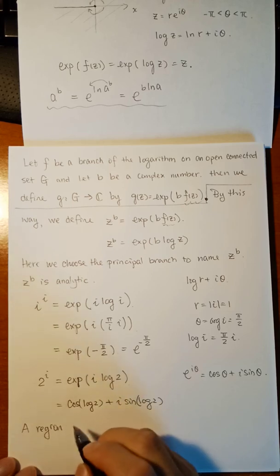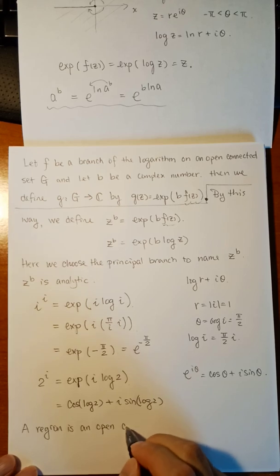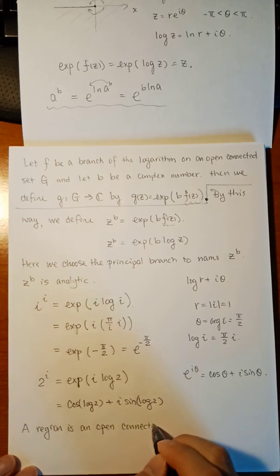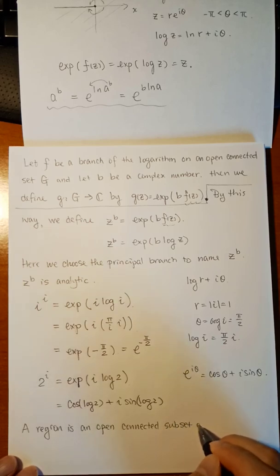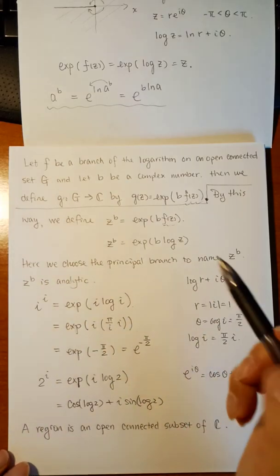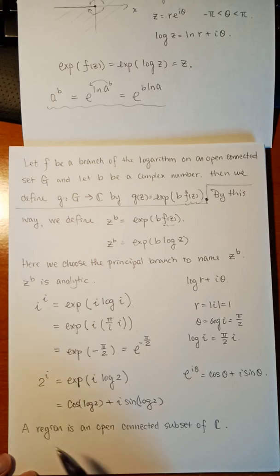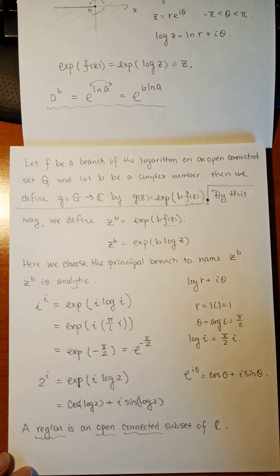Region. A region is an open connected subset of C. So later we will always say, okay, let f be a function on a region G of C. Whenever you see the word region, it is open and connected. Okay, region means open and connected. It's like the open interval.